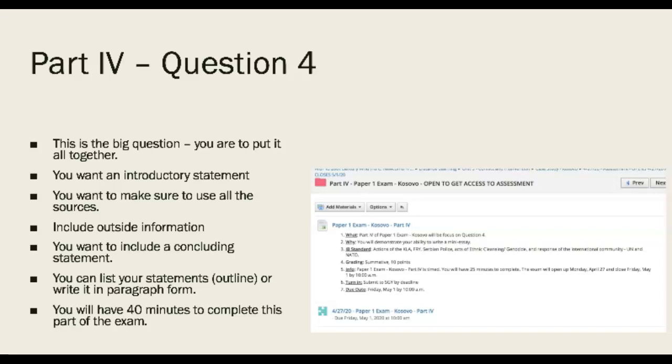You got an intro paragraph, you got your paragraph that deals with the sources, you got a paragraph that deals with outside information, and you got a paragraph that's your concluding statement. This one's going to take a little bit longer, and so you'll have 40 minutes to complete this part of the exam. So again, once you start it, just be sure that you are aware of what your time is.